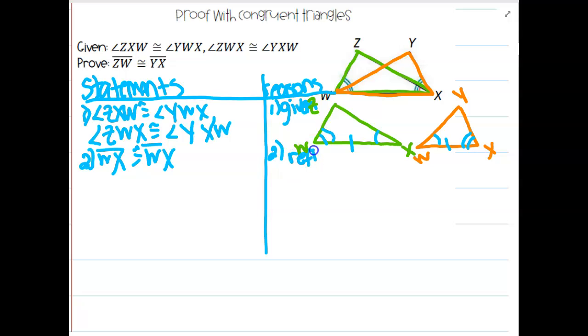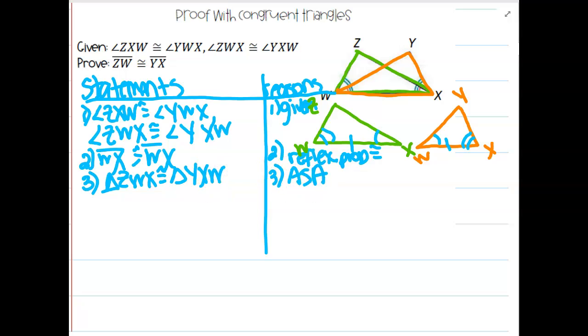That's the reflexive property of congruence. So I have my angle, my side, and my angle. So we're ready to say that triangle ZWX is congruent to triangle YXW because of angle, side, angle.